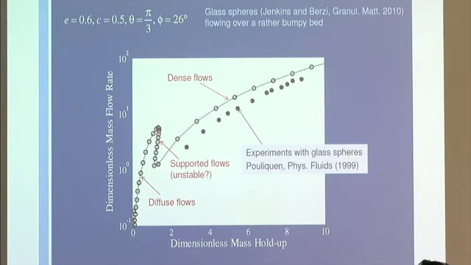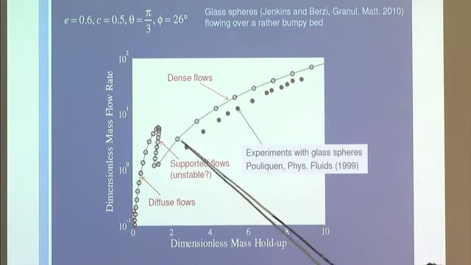So in a real experiment, what you would probably have is you follow this branch up to here, then you increase the mass hold up, and you probably jump here somehow. Or if you go down with the hold up, you will follow this branch up to here, and then you probably jump to this other branch here. So this is the idea. It's kind of hysteretic behavior, if you like. So this branch is likely not to be attainable in experiments or simulations.